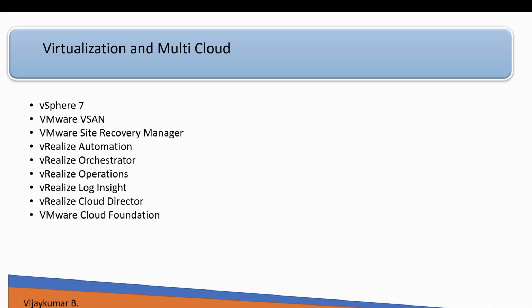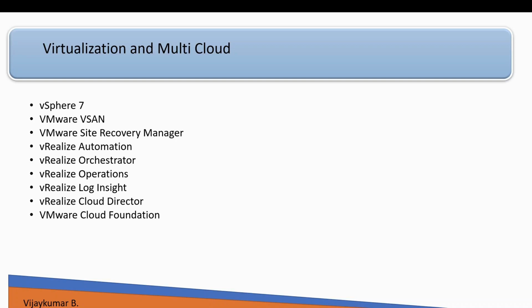The next component is VMware Cloud Foundation. Cloud Foundation is basically, I would call it a solution. It's a combination of multiple products built together, and that's called a solution, right?